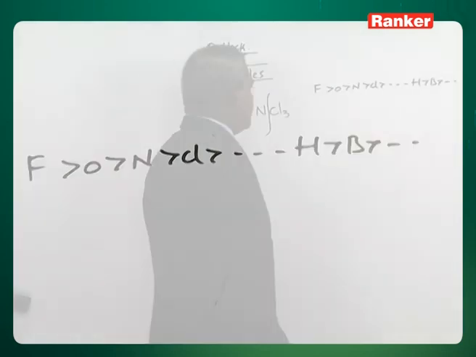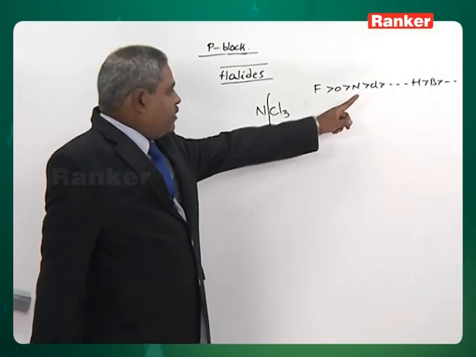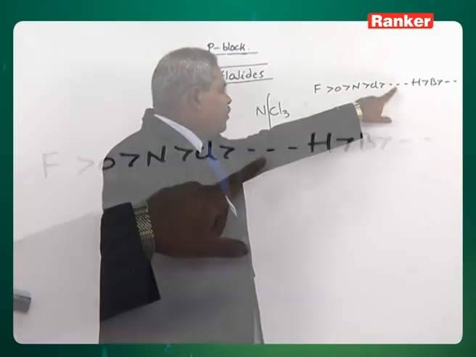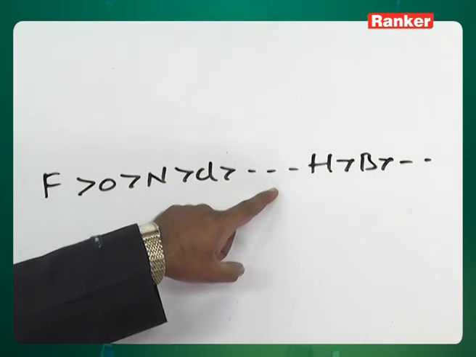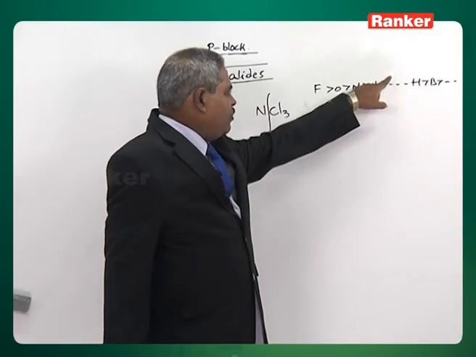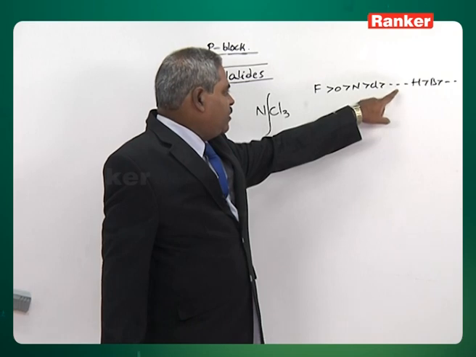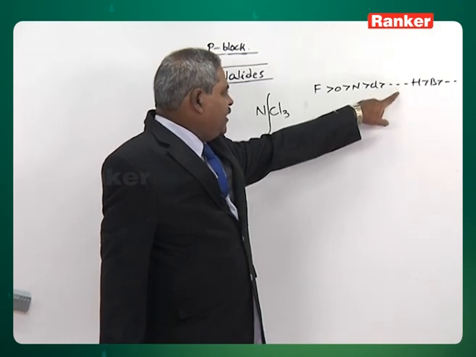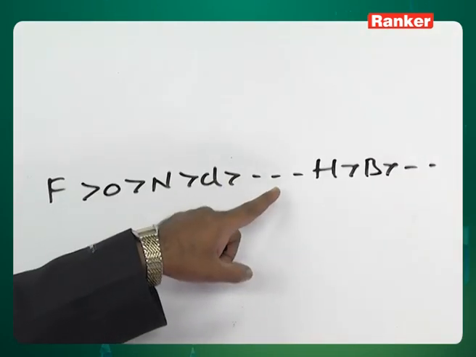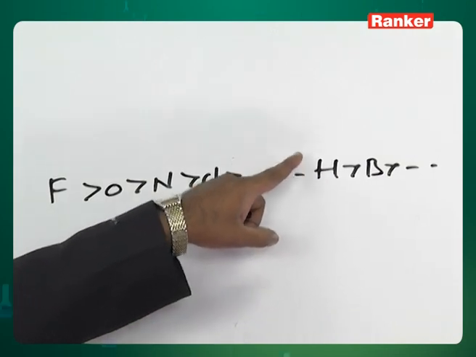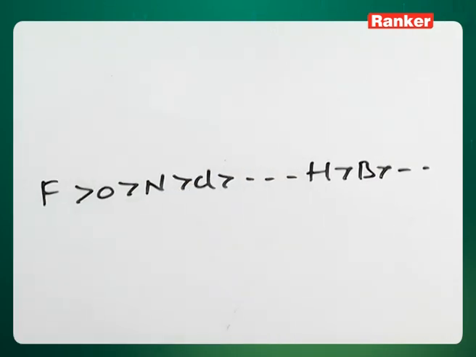What is this list for? Electronegativity. You will get the other non-metals like bromine, iodine, sulfur, phosphorus, carbon, silicon. Only 5-6 elements are there here.